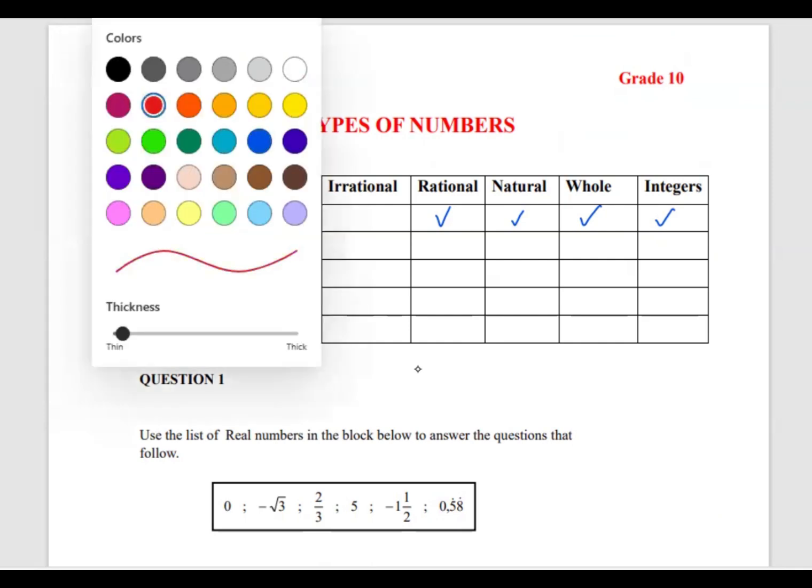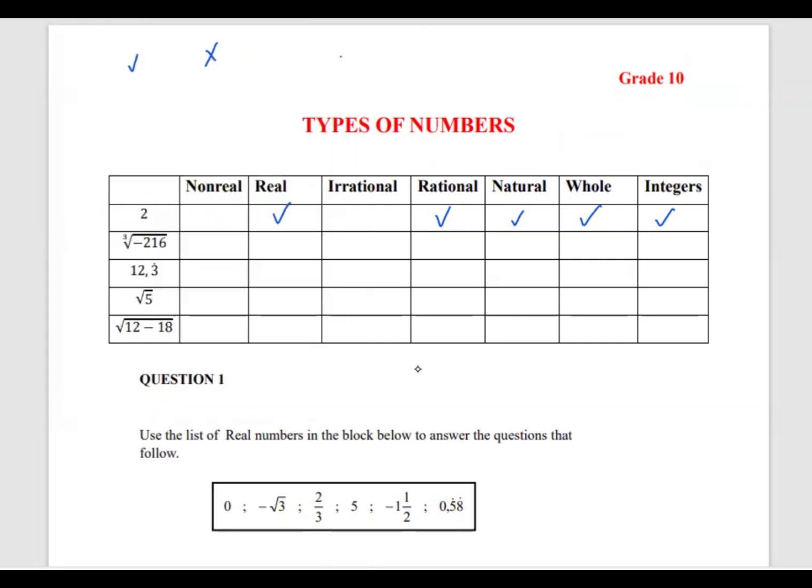Then when we look at the next one, which is the cube root of -216, the first thing to do is simplify this into a single value. If we simplify that, we're going to get -6. So it is the -6 that we are judging against this criteria. Is -6 a non-real number?